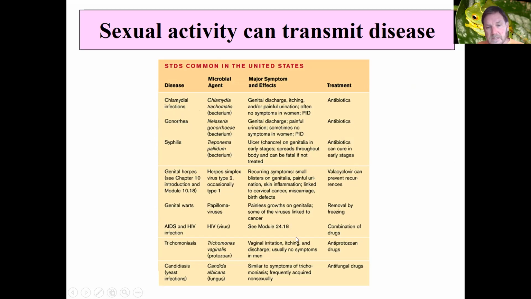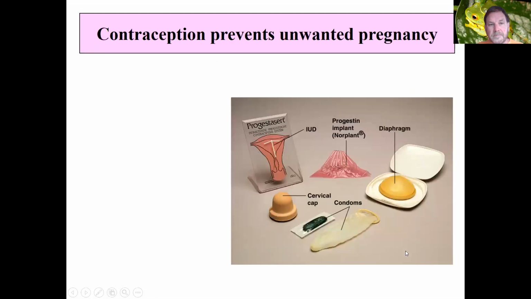These are viral diseases here, which cannot be cured by antibiotics, but have different types of drugs or treatments. You have protozoan diseases and fungal diseases as well. Not fun.